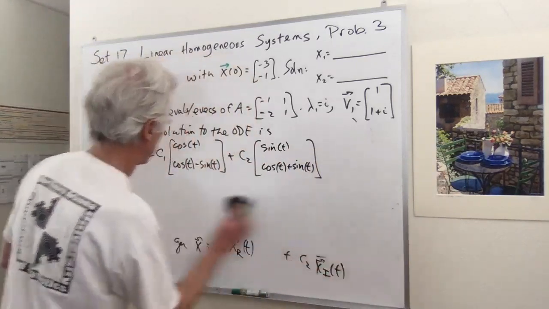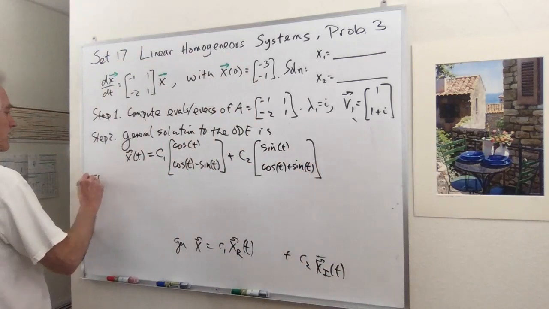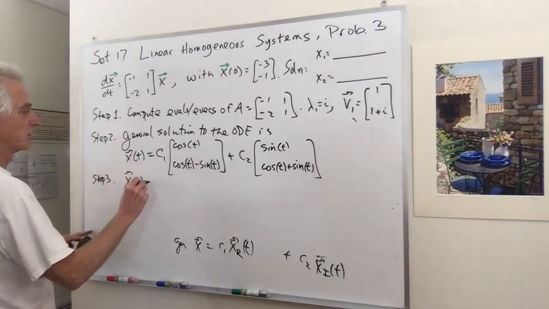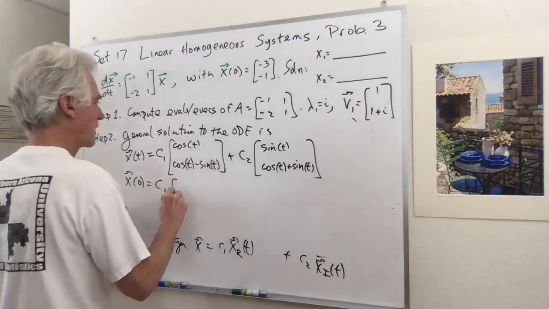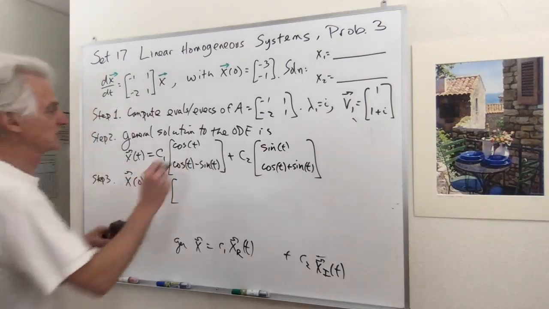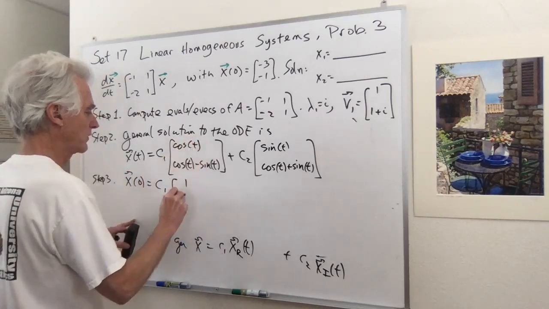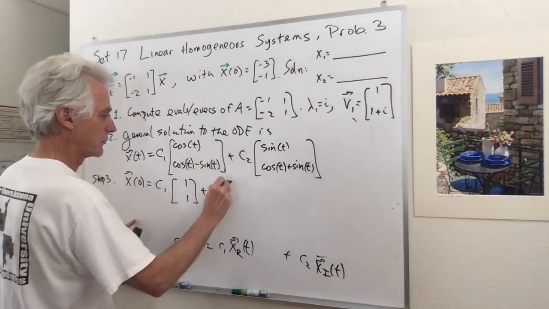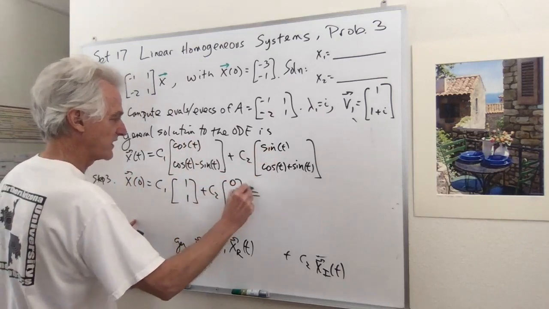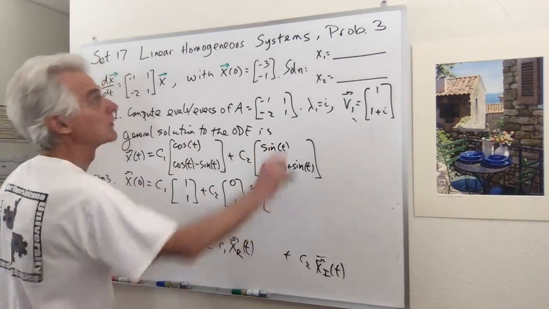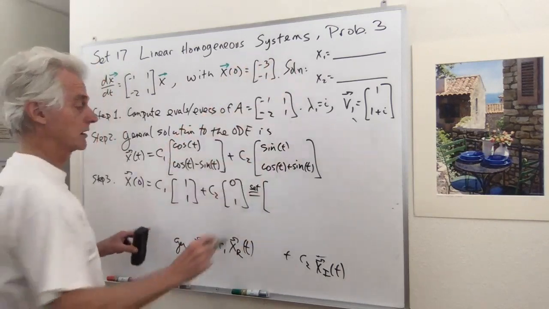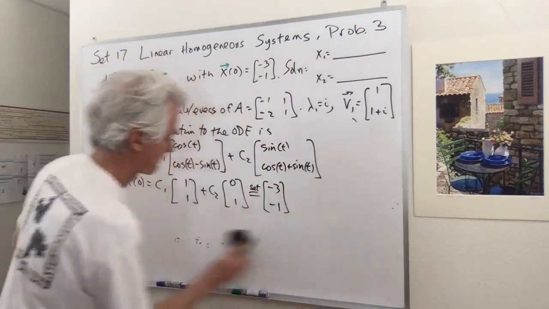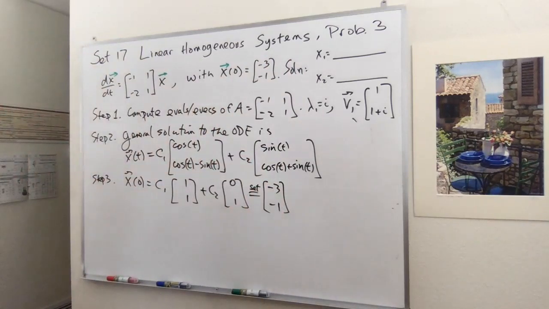All right, now step 3, we're going to set x of 0, which is c1, I know the cos of 0 is 1, sine of 0 is 0, so this is (1, 1), plus c2 (0, 1). I'm going to set that equal to my initial data, (-3, -1).